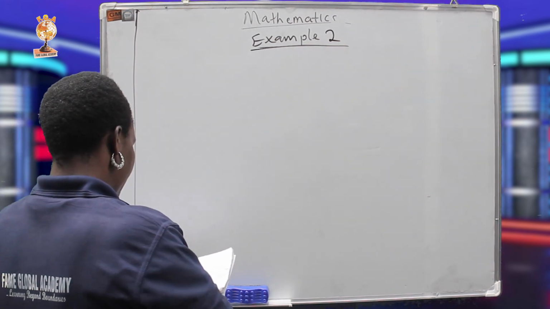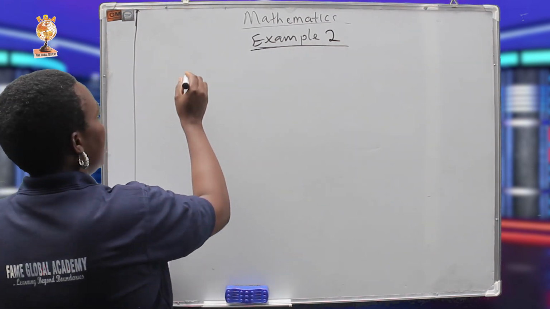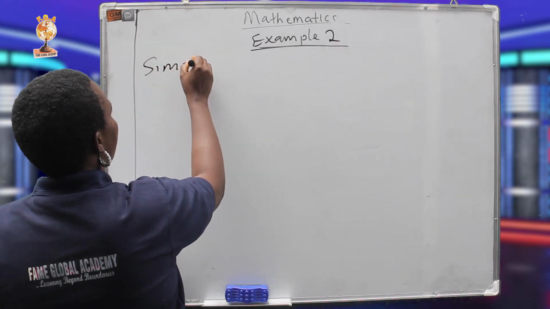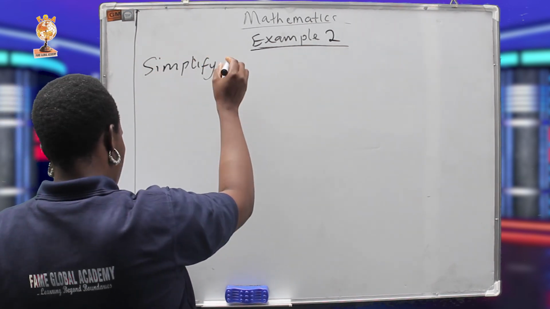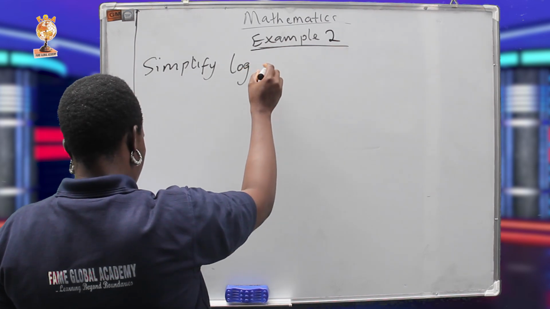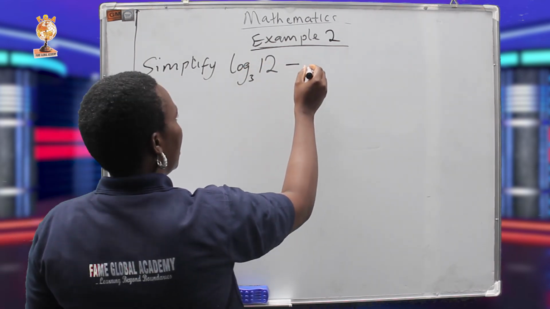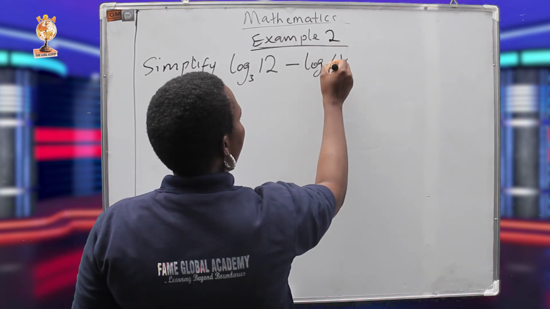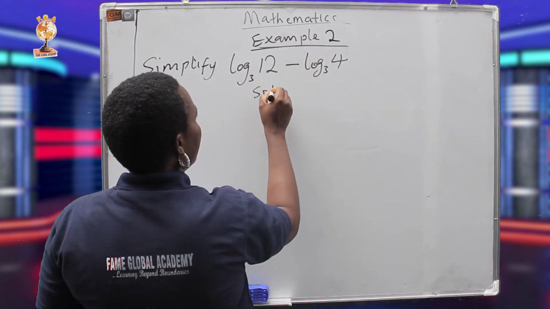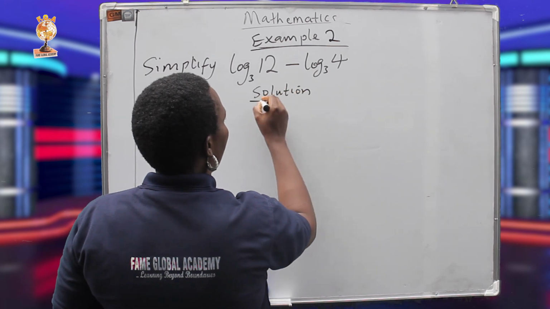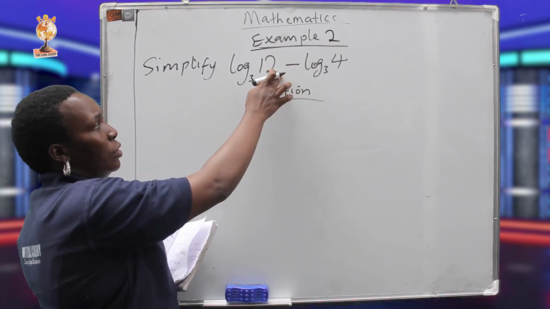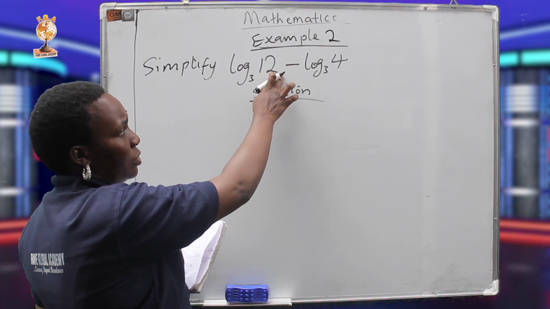Okay, example 2 says simplify log 12 base 3 minus log 4 base 3. Solution. Okay, so this is an example of law number 2, which is subtraction law.